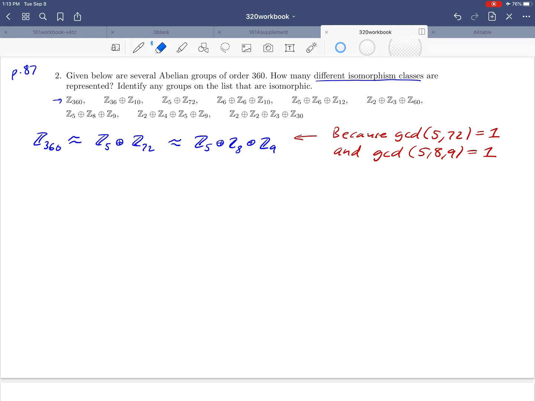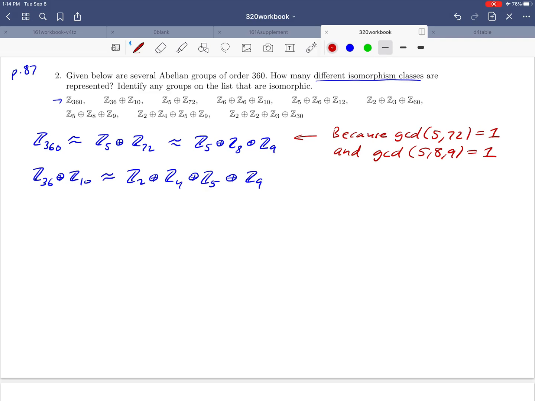Continuing down here, let's see if we can spot some other things that are isomorphic. I claim, for example, that Z36 plus Z10, one of the groups on this list, is actually isomorphic to Z2 plus Z4 plus Z5 plus Z9.